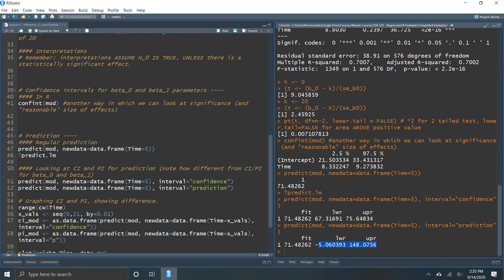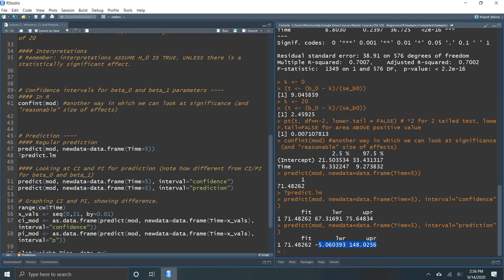So there's a very, very wide range of values for weights for a new chick at time equals 5, versus this, which is for the average value of all the chicks. We're assuming their average value is between 67 and 75, 95% of the time, or we're 95% confident that the average is between this.